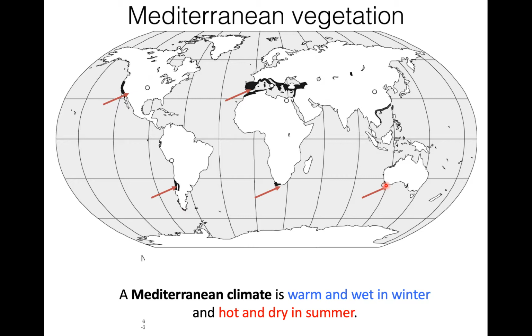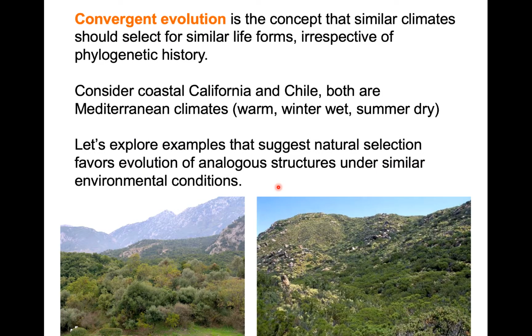And it's been noticed for as long as Europeans, at least, have been traveling around the world, that you tend to find similar types of organisms, especially plants, in places where you have a similar climate, specifically this Mediterranean climate. And so this is one of the classic examples of convergent evolution, which is that similar environmental conditions, for example, similar climates, should select for similar organisms, regardless of their evolutionary history.